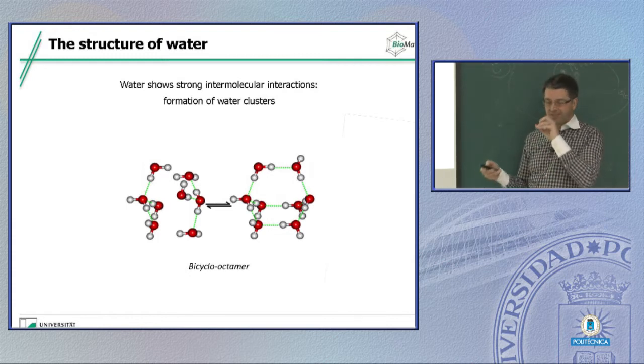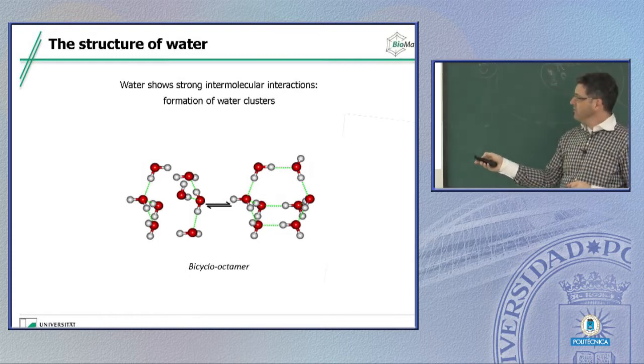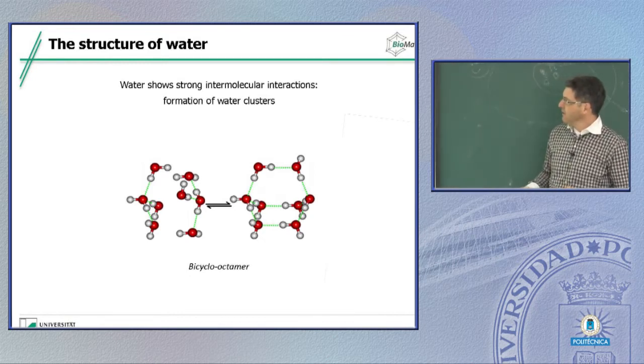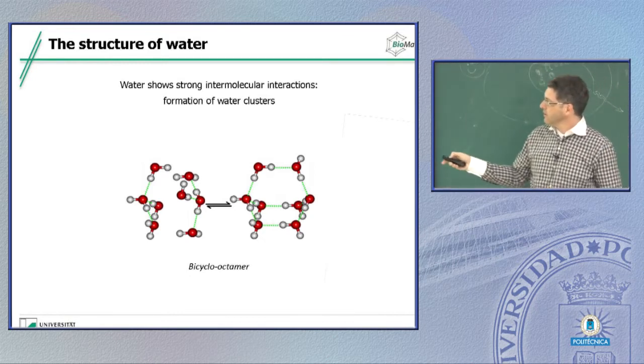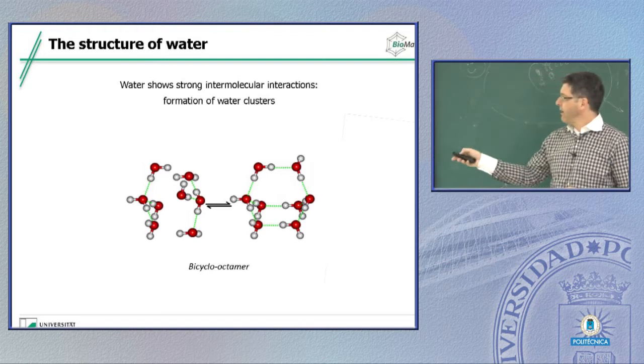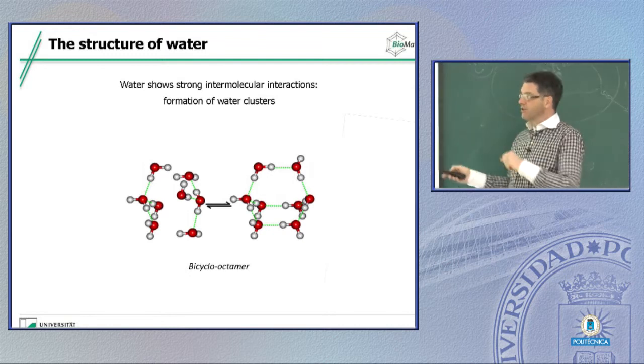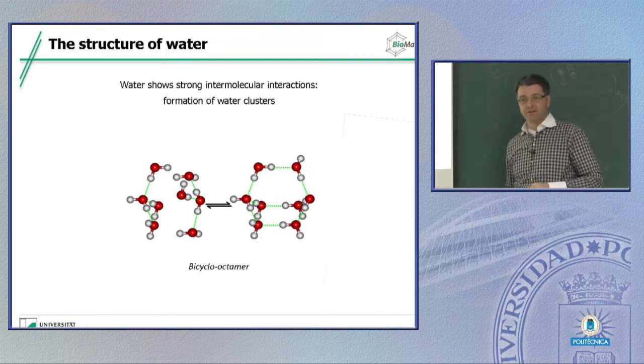Water has very strong interactions and it's forming really very tight structures. So here you see a bicyclooctamer, and you see even more. So it can form cyclic pentamers, bicyclooctamers, tricyclodecamers, and so on. So this is what we call water clusters.